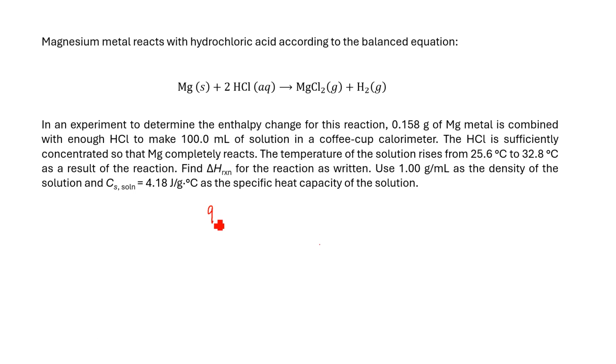So we know that the Q of the solution is equal to the mass of the solution times the specific heat of the solution times the delta T. Okay? And they want delta H of the reaction. That's what they want. But we know that the delta H of a reaction is equal to the Q, the heat at constant pressure. And because a coffee cup calorimeter is an apparatus at constant pressure, as we just said earlier, then this is also equal to the Q of the reaction.